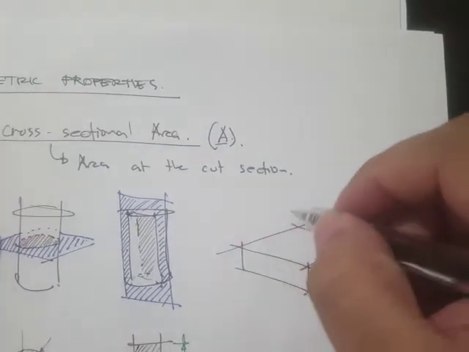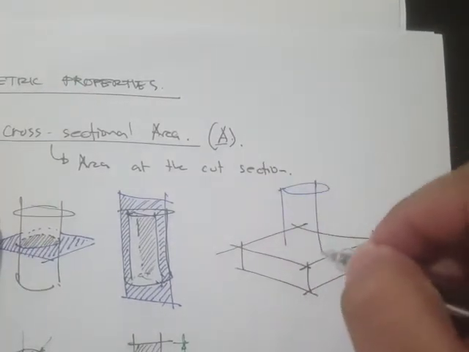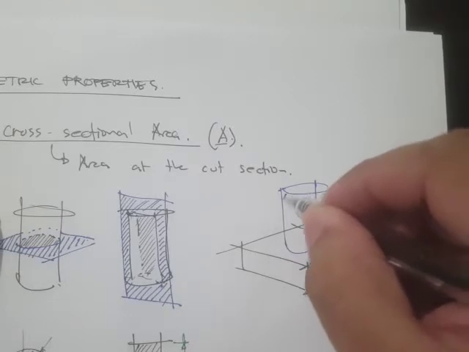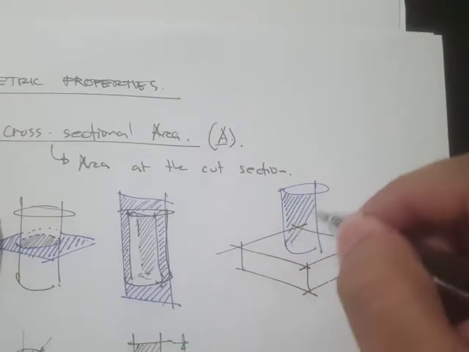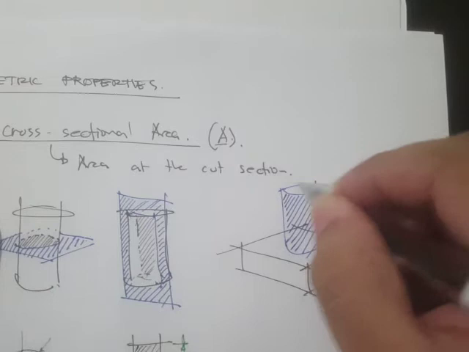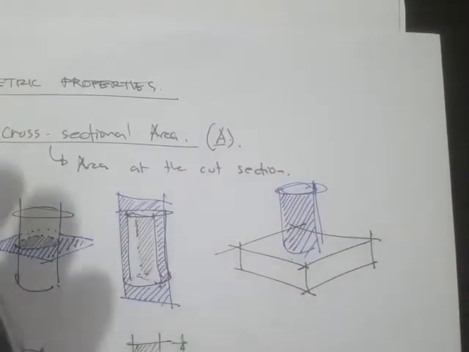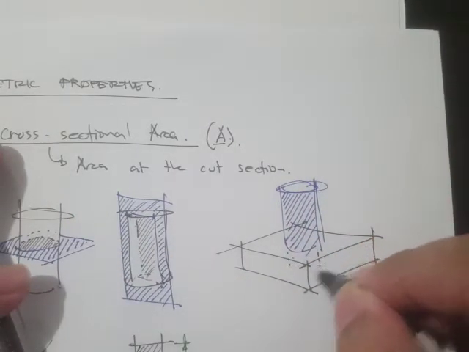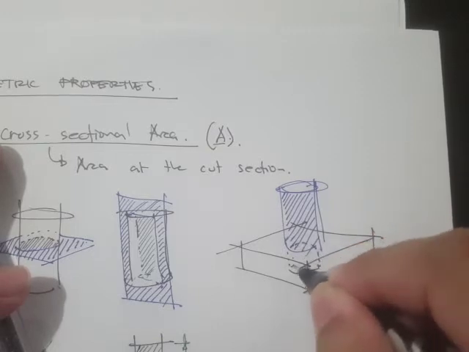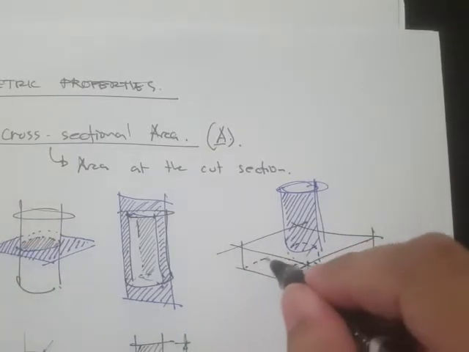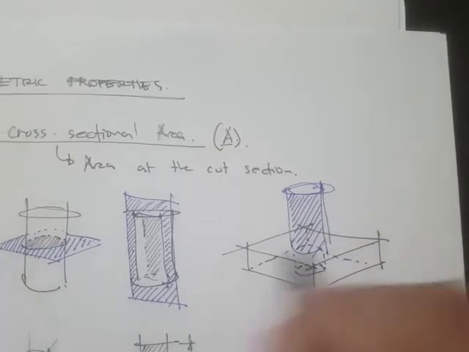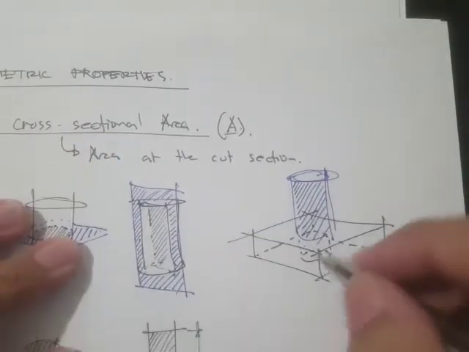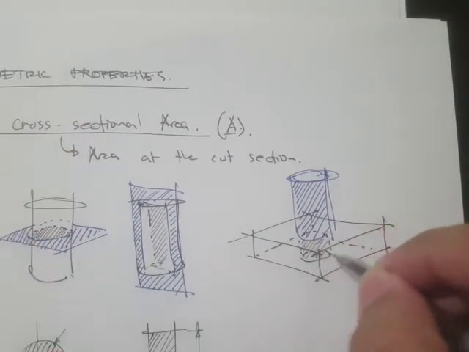For example, right here, this will be my curved surface. So it's hollow inside, right? And if that's the case, then what I get is something like this. So this will be my cross-sectional area.